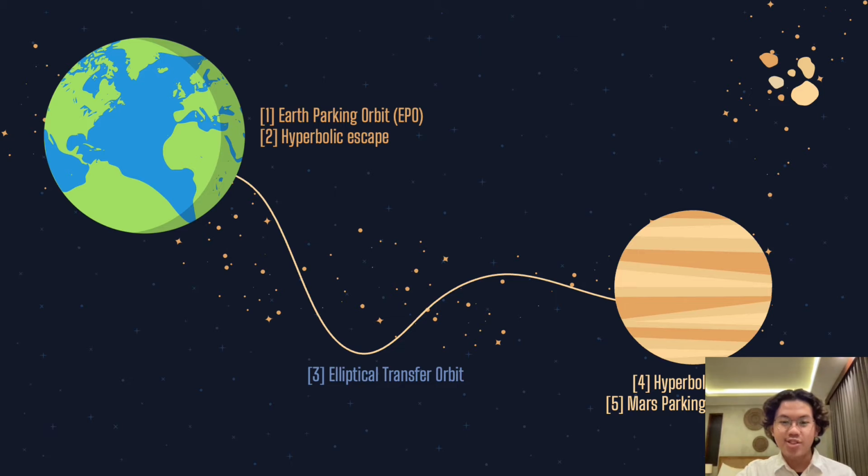And then the third one is the interplanetary trajectory, which is an elliptical orbit around the Sun. After that, the spacecraft will enter Mars' sphere of influence and will change its orbit into a hyperbolic orbit. From there, the spacecraft will be given a velocity change in order to transform the orbit from hyperbolic back to a circular parking orbit, which is a Mars parking orbit.